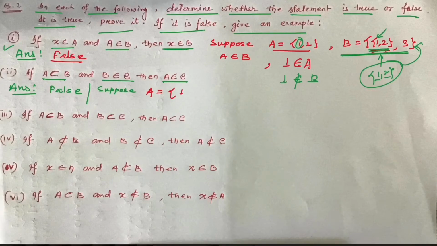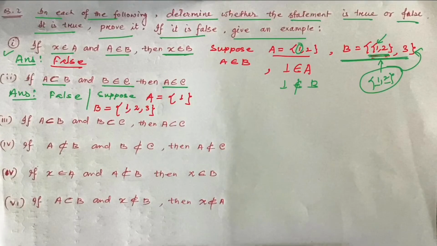suppose 1. Okay, and as A is a subset of B, B must contain all the elements in set A. Okay, so it contains 1, suppose, then 2 and 3. And let us consider set C contains set B, that is the set containing 1, 2, 3, then an element 4.